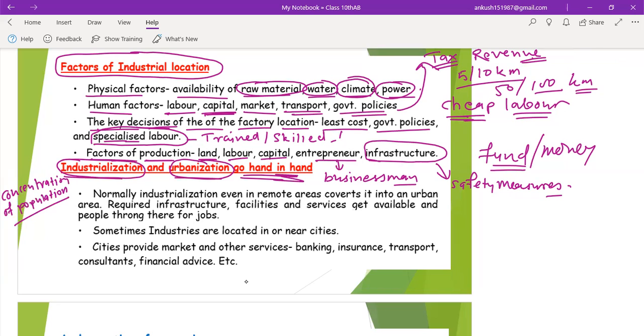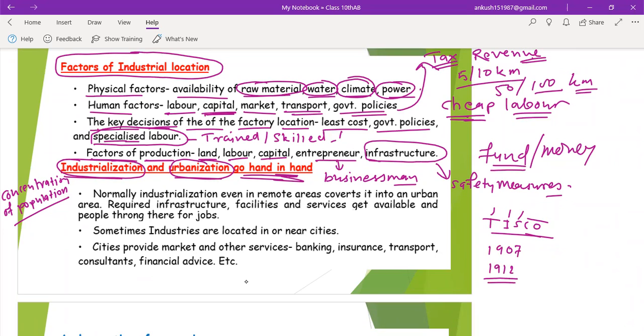Have you heard the name Tisco? Yes. Tata Iron and Steel Company. Initially it was set up in 1907, but its actual production started from 1912.